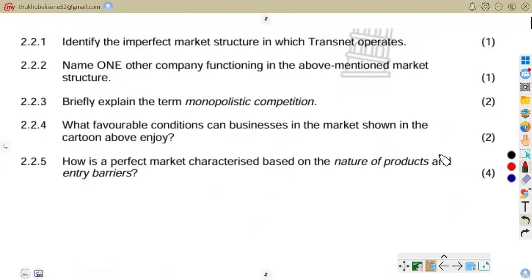The first question, 2.1, says, identify the imperfect market structure in which Transnet operates. Here we are talking about monopoly, because a market with only one seller is a monopoly.